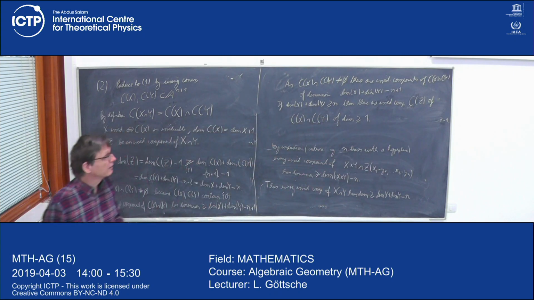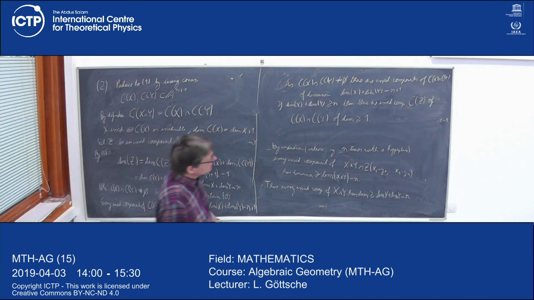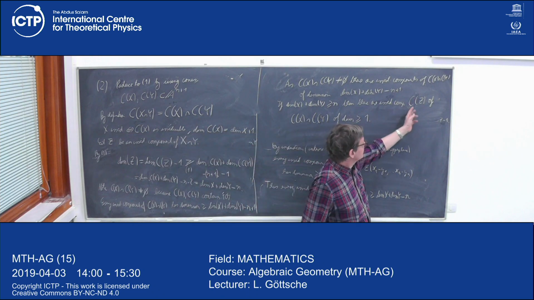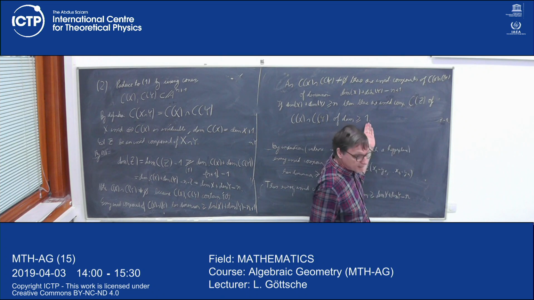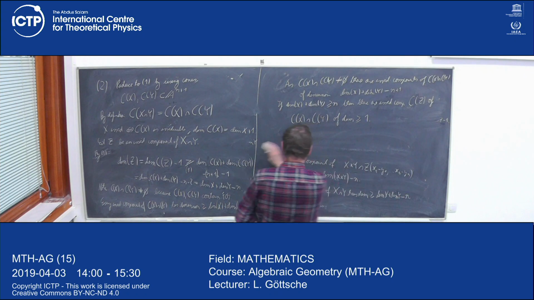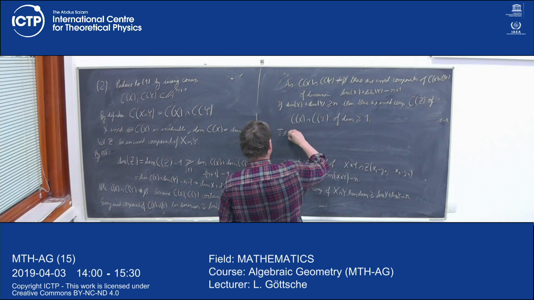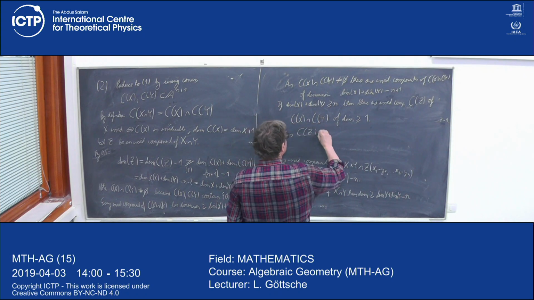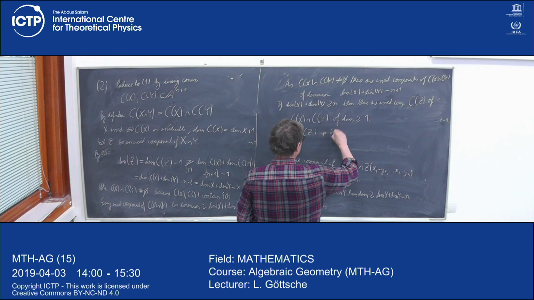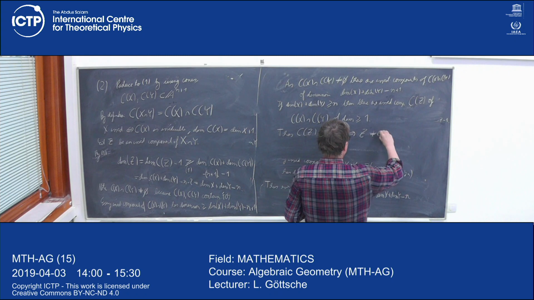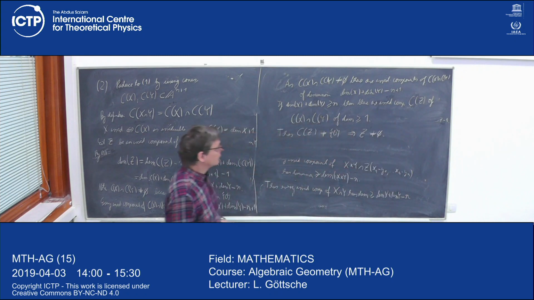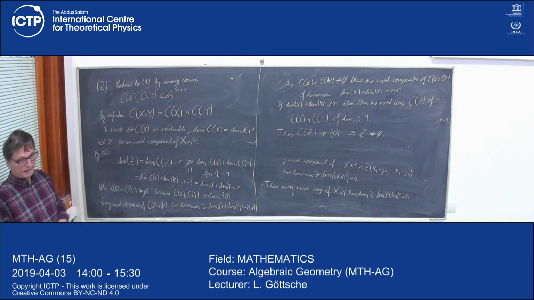And so that means Cz cannot just be the origin, because it has positive dimension. If it was just the origin, the dimension would be 0. So thus Cz is different from 0, thus it follows that Z is not the empty set. And so we see that the intersection is indeed not empty.